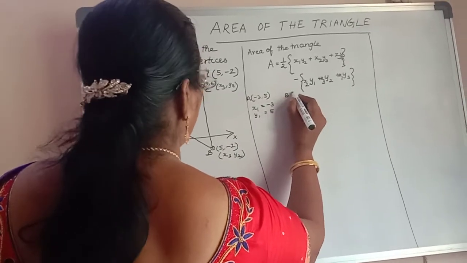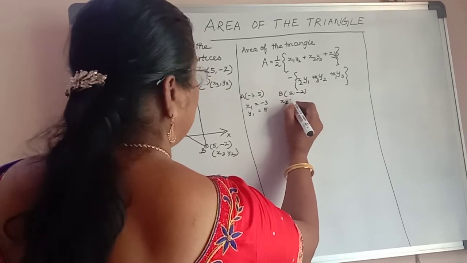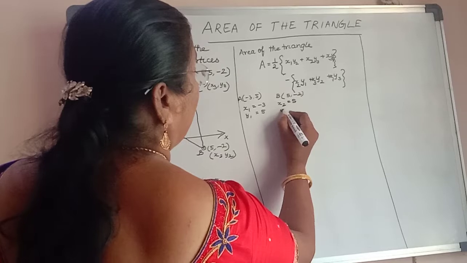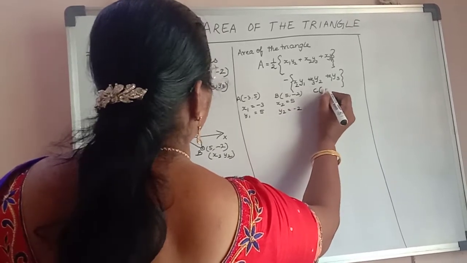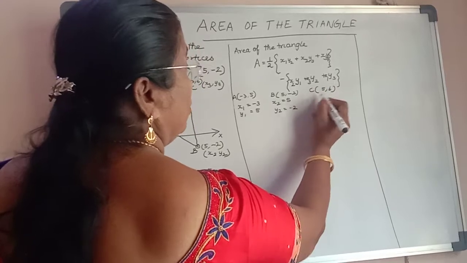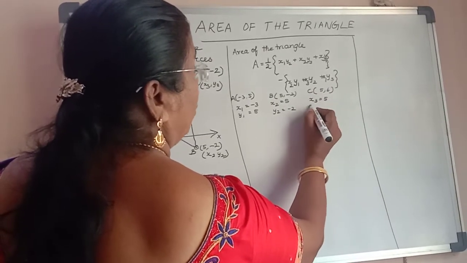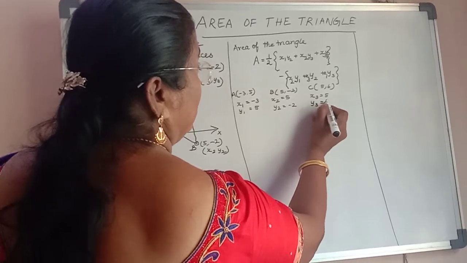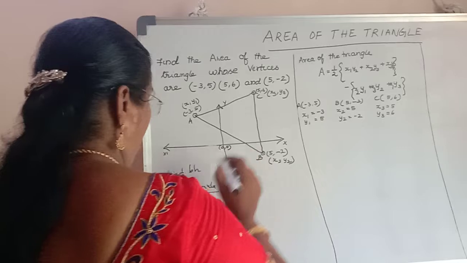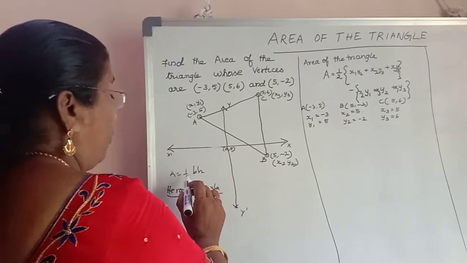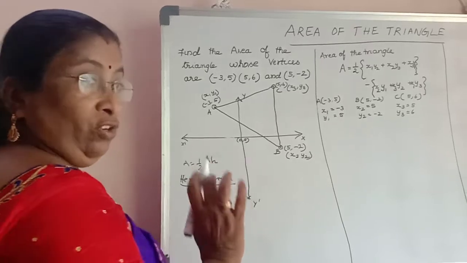Next, what is your B point? 5, minus 2. So your x2 is 5. Your y2 is minus 2. Now what is your C here? 5 comma 6. So your x3 is 5 and your y3 is 6. So I think you are clear with this. So your Heron's formula and your formula A equal to half BH were previously used to find the area of the triangle.